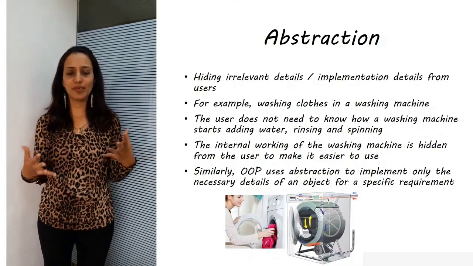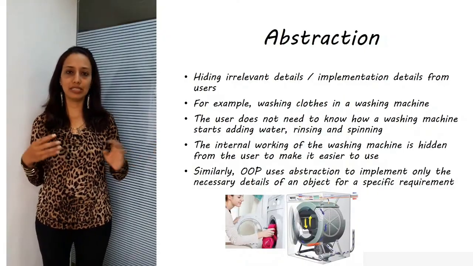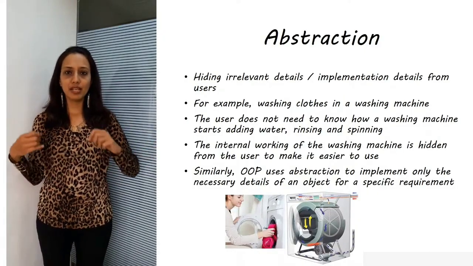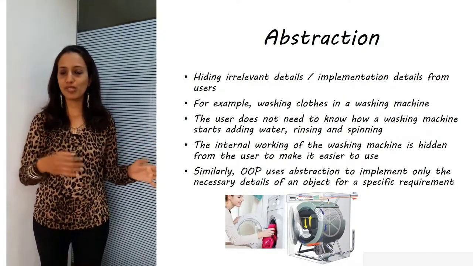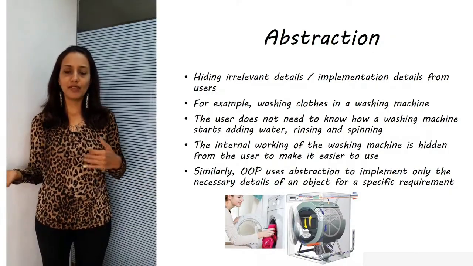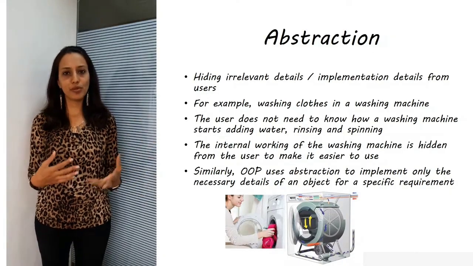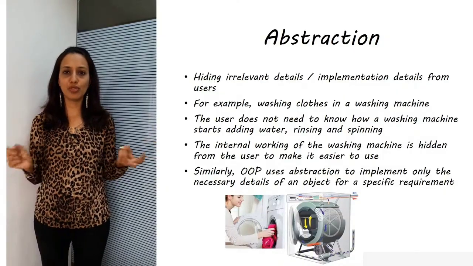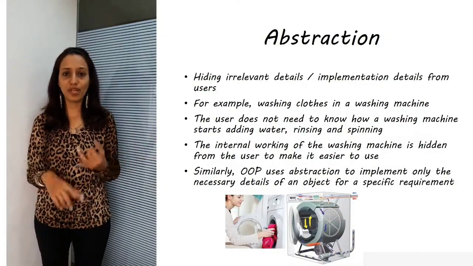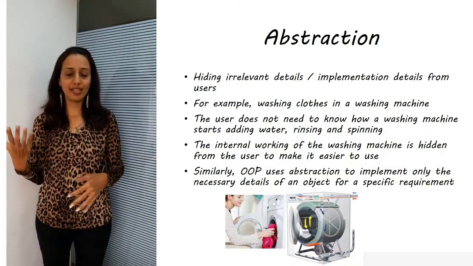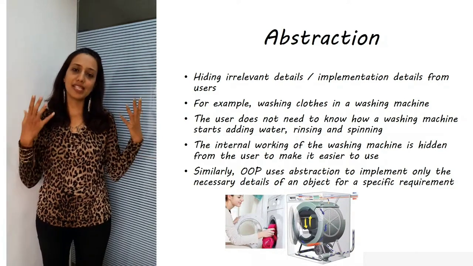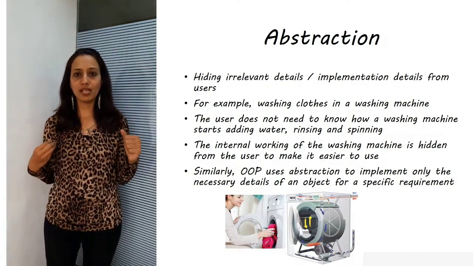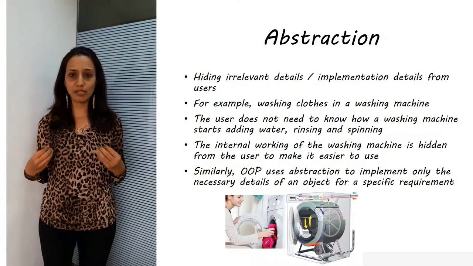Abstraction, as I told you, means we need to hide the unnecessary, irrelevant implementation details of a process from the end user. For example, in your daily life, you must be using several digital devices, like your TV, your camera, your fridge, your washing machine, etc. So let's say we take the example of the washing machine. We use the washing machine every day.